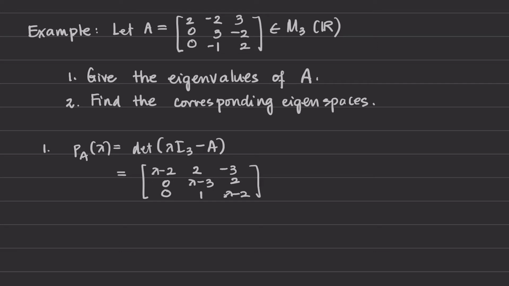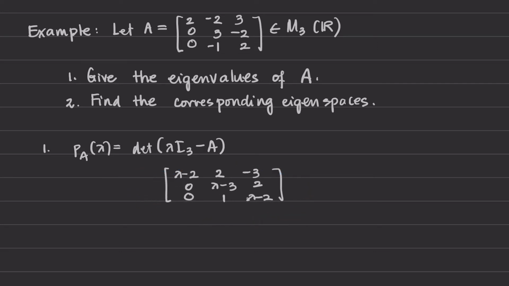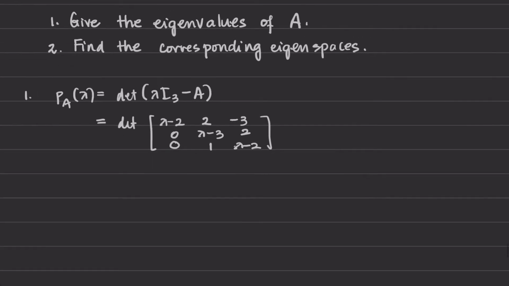So, determinant niyan. Okay. So, mag-cofactor expansion tayo sa column 1, kasi maraming zeros. So, magiging lambda minus 2 times the determinant ng this.